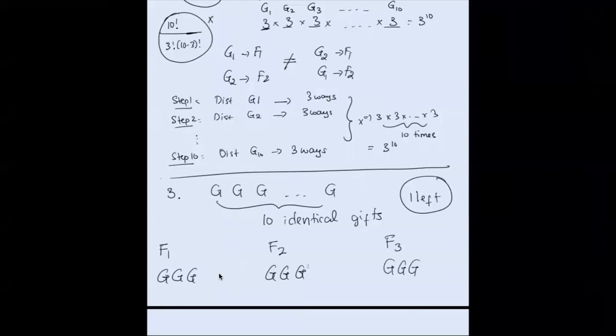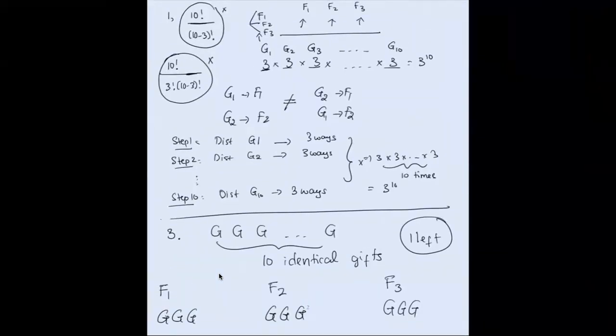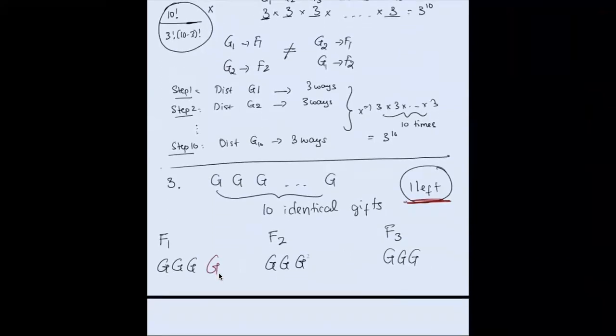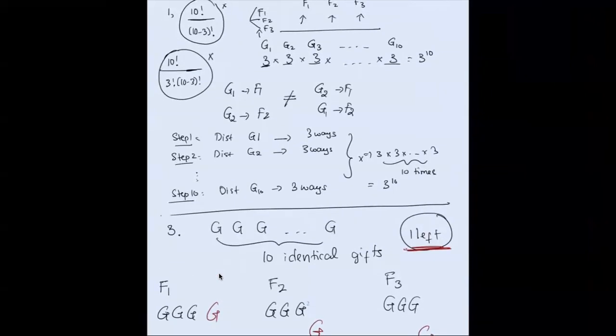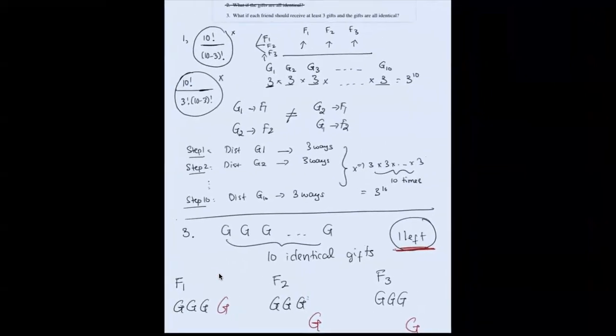And how many ways can I distribute that 1 gift left? 3, right? That 1 gift left, I can put it here, or here, or here. Which means there are 3 cases.